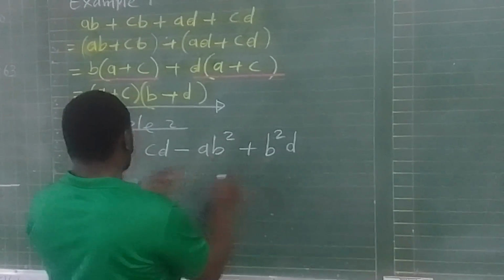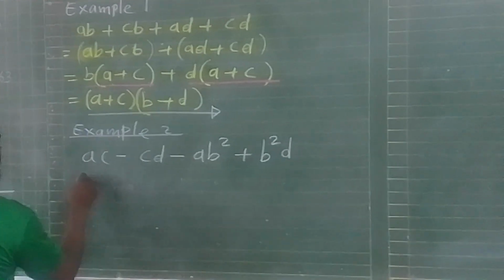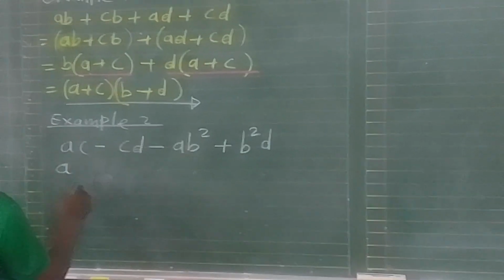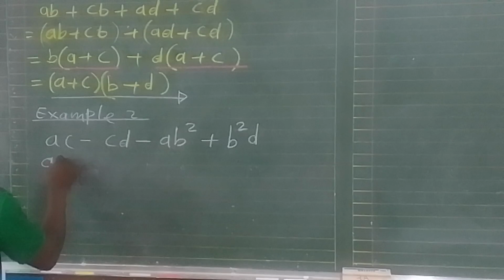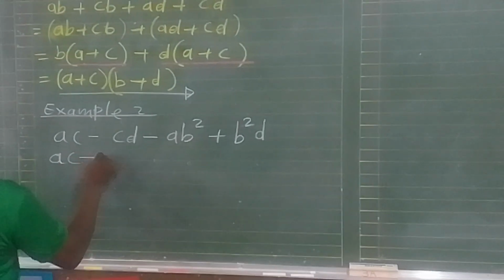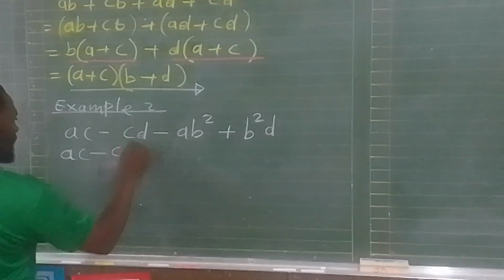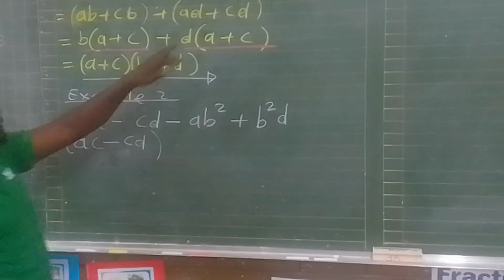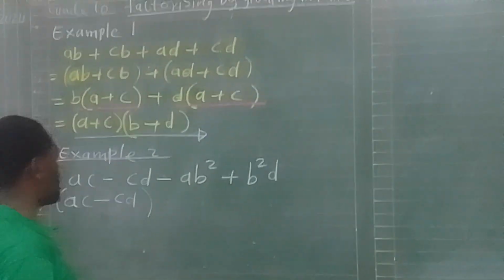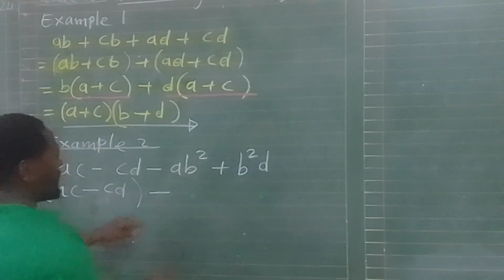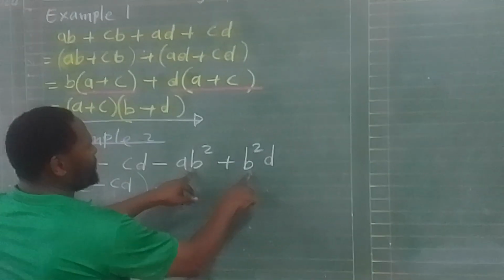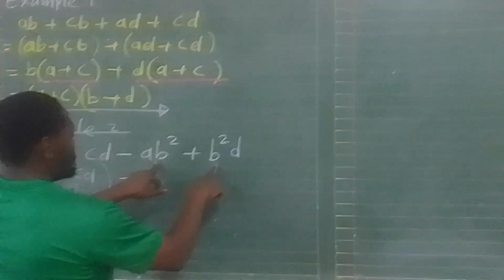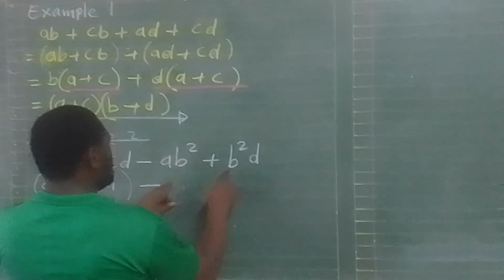What you can do is to arrange this as a group. I'm doing this for you to see what is happening. That's why I'm grouping them. Minus, come here. There is a B squared.